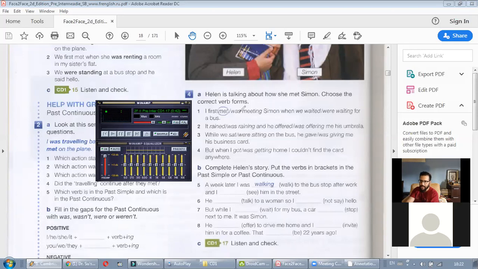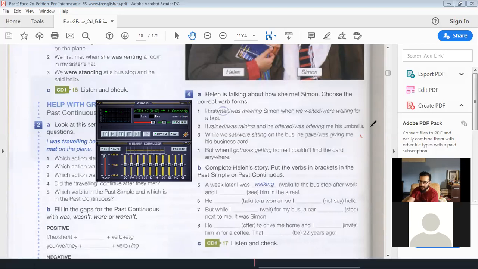So here are the answers. Of course, all of this was correct, by the way. The first section, all of them were correct. So you didn't have any problems here. Now, in the second section, let me put them with the text. So you said saw, and then you said was talking.